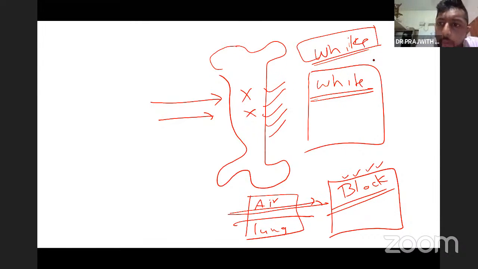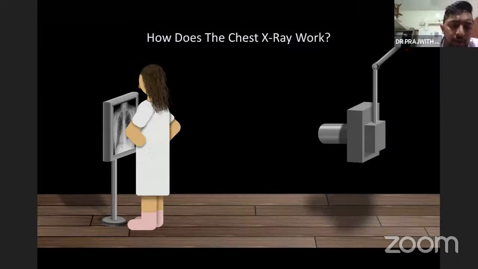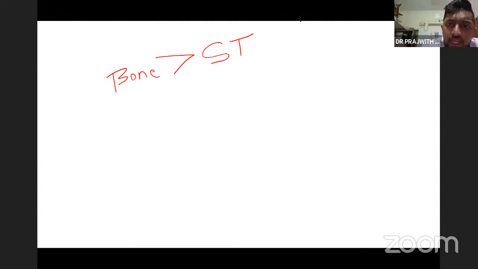If you compare to bone, soft tissue is less dense. If you compare to soft tissue, water is less dense. So what did I tell you? Bone is very dense. Compared to bone, soft tissue is less dense. Compared to soft tissue, water is less dense. Compared to water, fat is less dense.